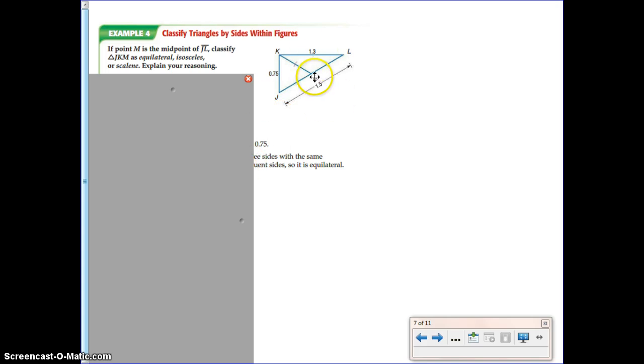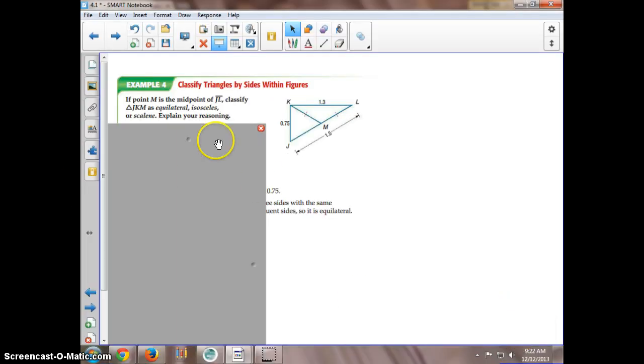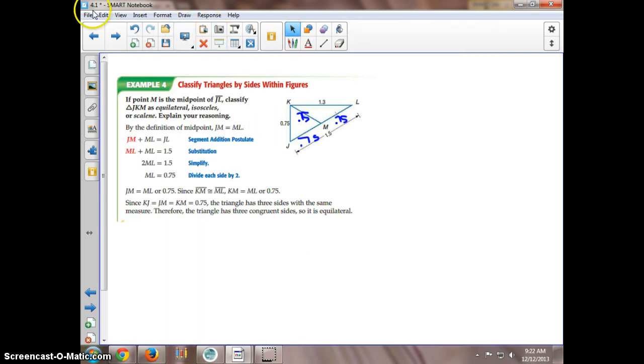If M is the midpoint, we know that if this whole length is 1.5, then each of these is going to be 0.75. And if these 2 are equal, if this one is 0.75, this one is also 0.75, which makes this triangle what kind of triangle? If you're thinking equilateral, you are right.